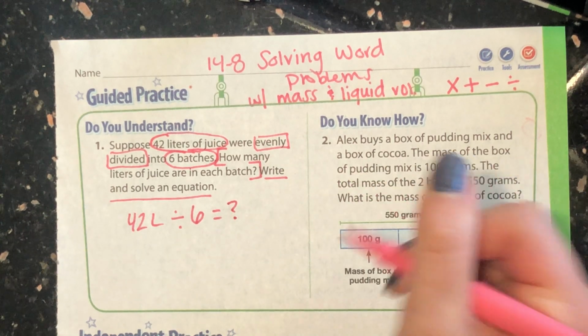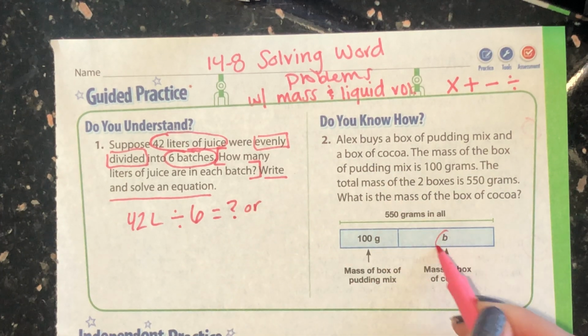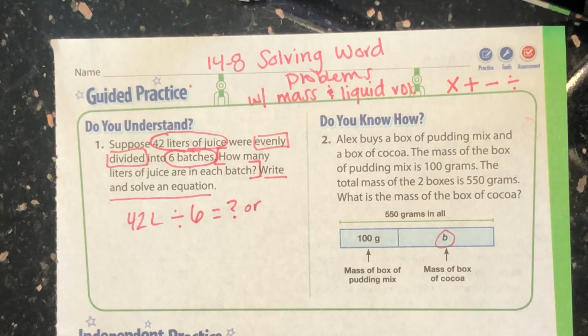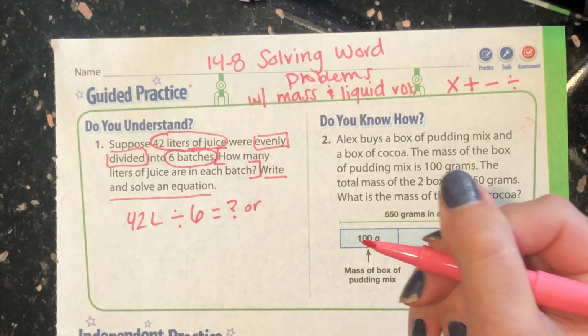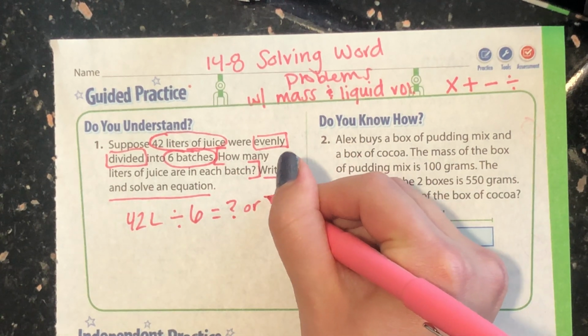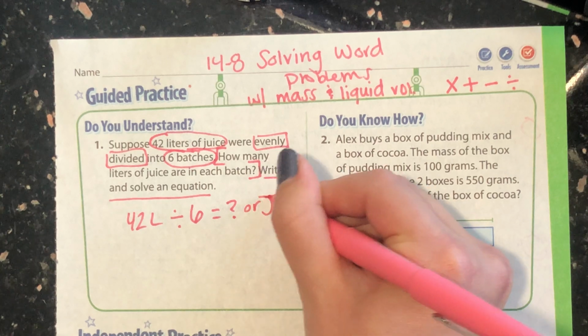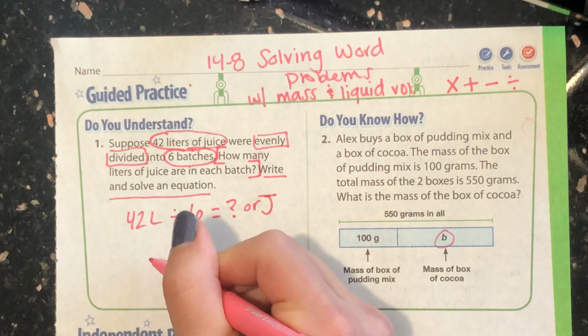Or we can also use a letter, which we're going to have to start doing. This is getting us ready for some pre-algebra. So 42 divided by 6 equals something, and that's something we have to figure out. Since we're talking about juice, how about we do 42 divided by 6 equals J for juice. How about that?